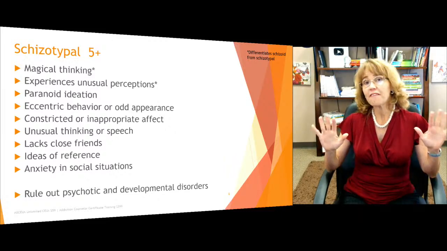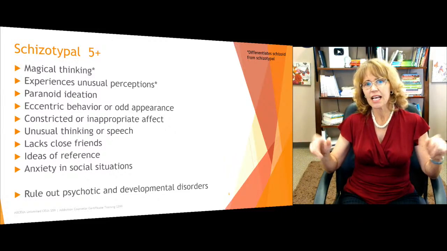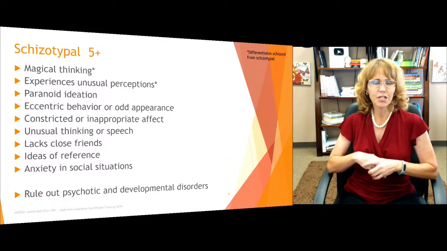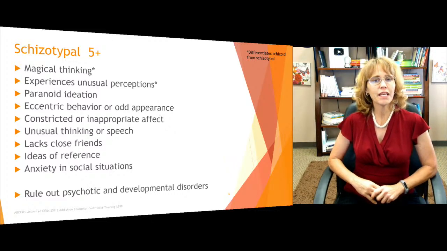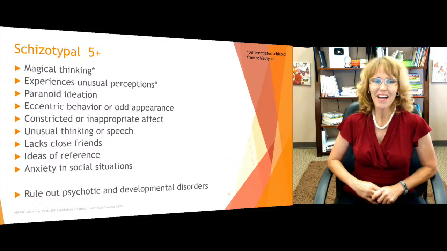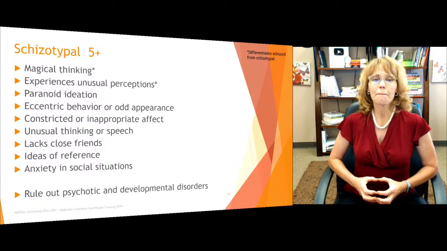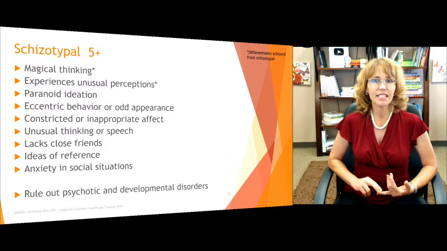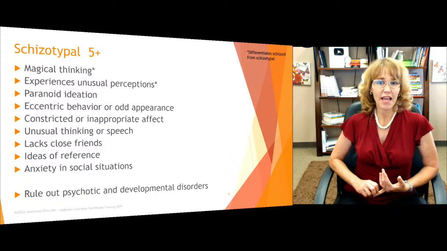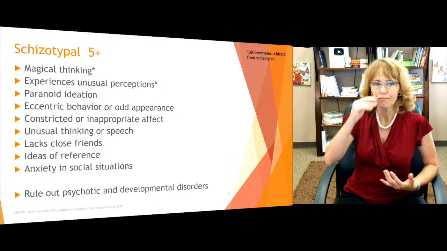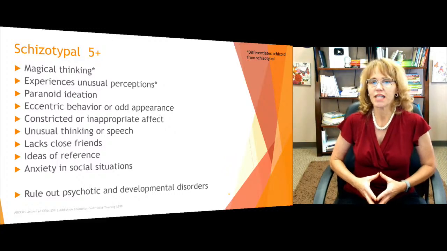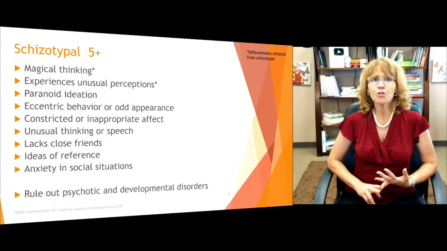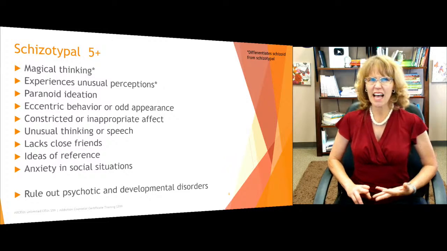Schizotypal, you have to have 5 characteristics. And I forgot to put the mnemonic up at the top here. It is ME PECULIAR. Magical thinking is characteristic in schizotypal behavior. The person, magical thinking, you understand that. Experiences unusual perceptions, sights, sounds, smells.